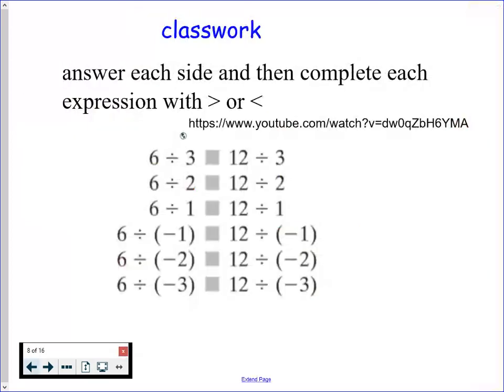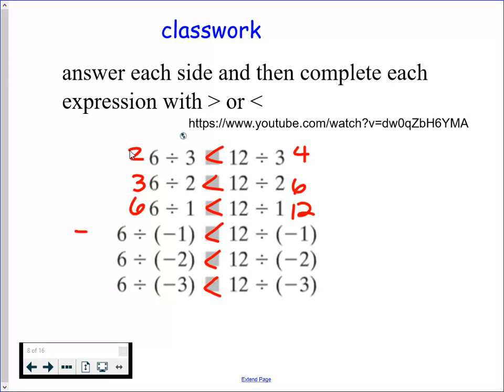So if I back up, I want to show you this. If I'm dividing by these positive numbers, less than, less than, less than. It seems like they're all going to be less than.